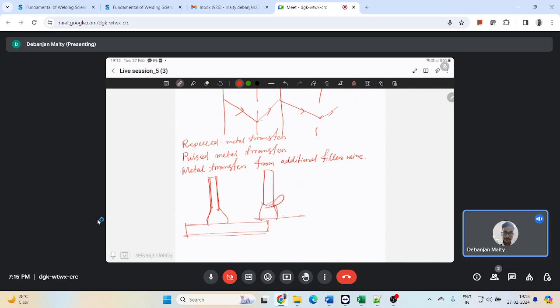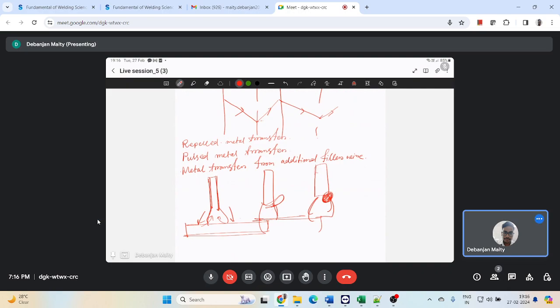It will move like this, and then finally it will move something like this. So this is your droplet which is getting repelled towards the side of the electrode, and that is due to this high velocity gas jet which is striking your workpiece, and that is causing your droplets to get away from your weld pool and repelling it towards the side of that electrode.